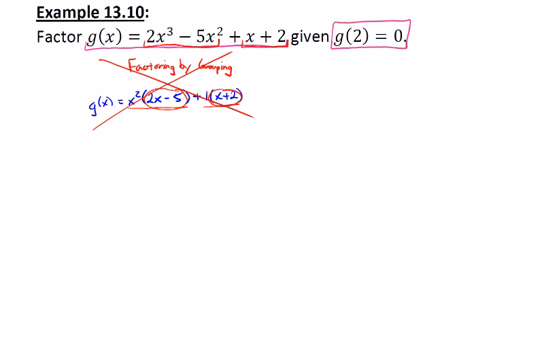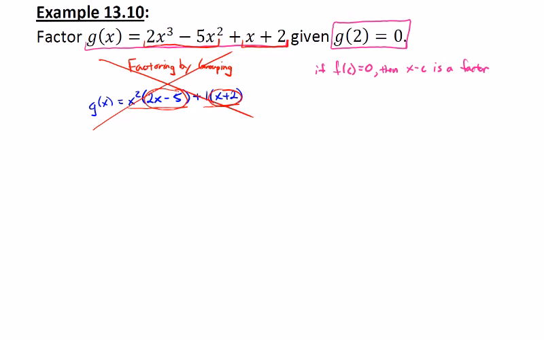is equal to 0. So remember that the factor theorem said that if f of c is equal to 0, then that means that x minus c is a factor.